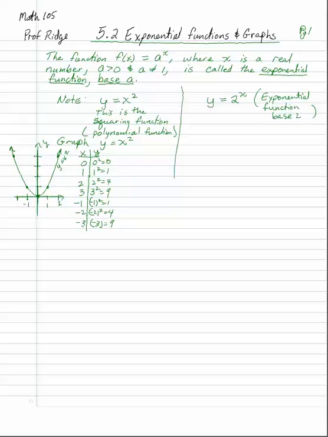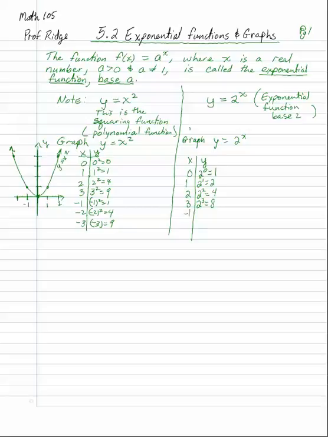So if we did y equals 2 to the x, if we did 2 to the 0, that's 1. 2 to the first is 2. 2 squared is 4. 2 cubed is 8.